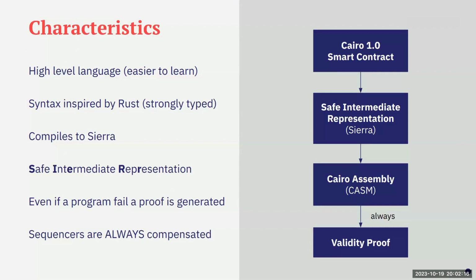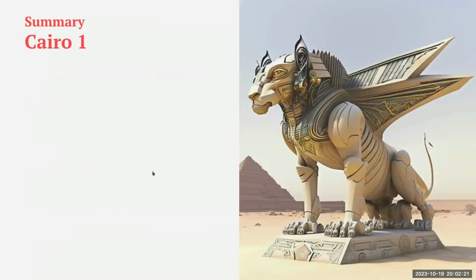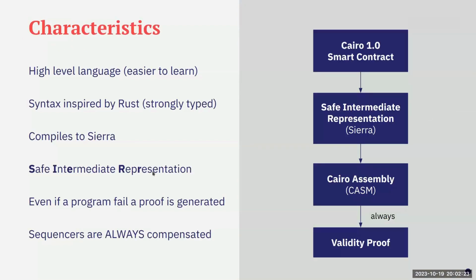What Sierra does is create an intermediary for our program. In Cairo Zero there were several features that were not available, say for instance, you were not able to prove when a computation fails.